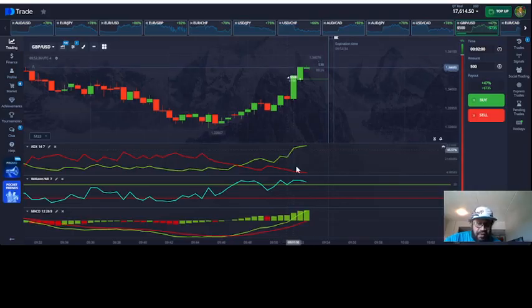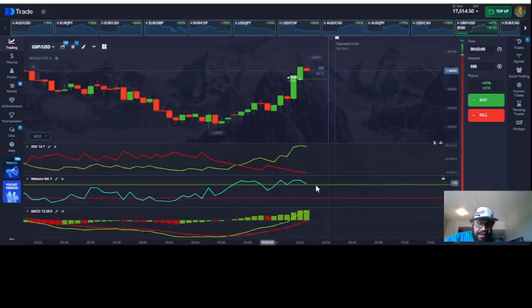If you see the growing separation of the lines between the green plus DI line and the minus DI line here, then the Williams percent R line is printing above the minus 20 line here, telling us that the relative strength of the bullish trend is relatively strong.